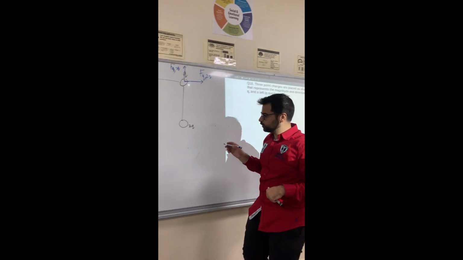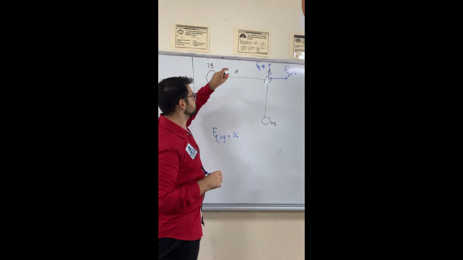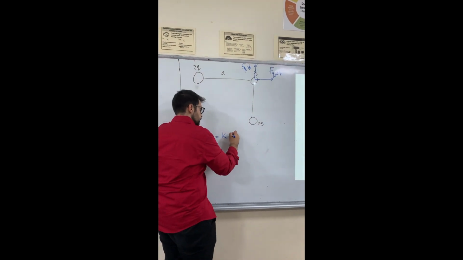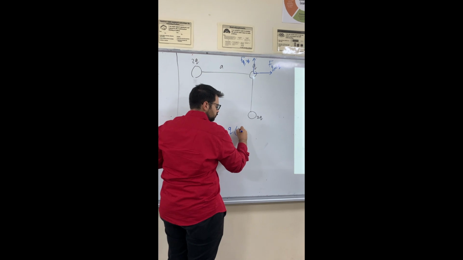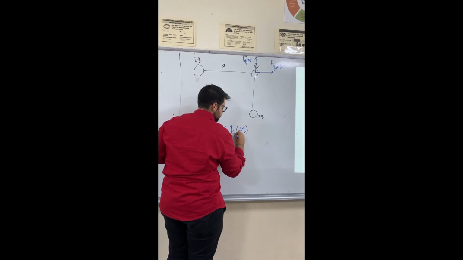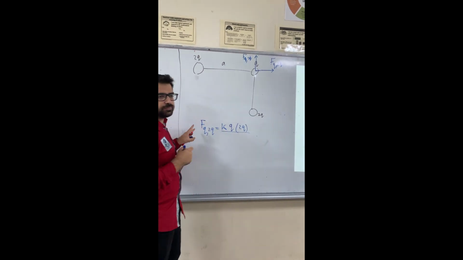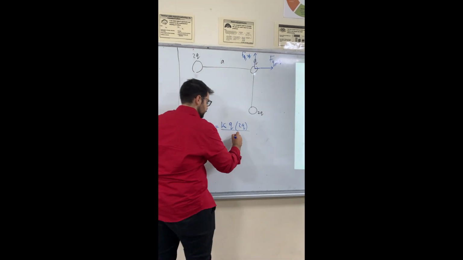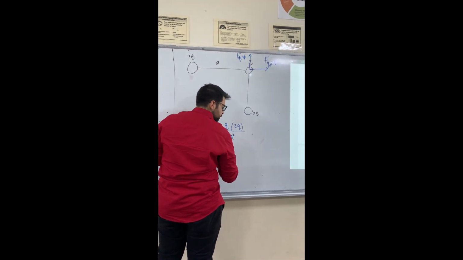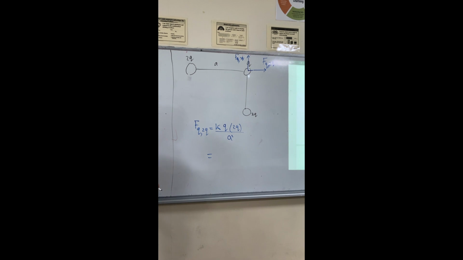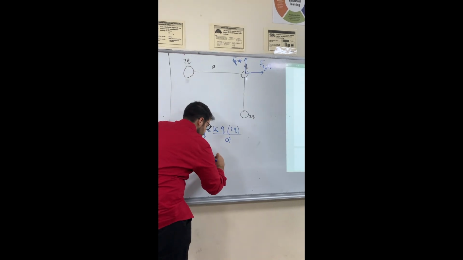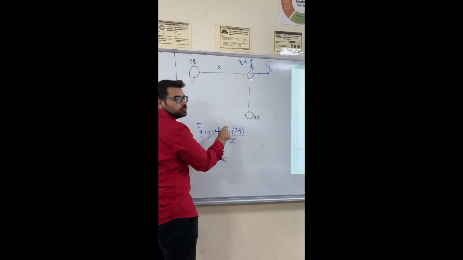So it's equal to K times the first charge, which is Q, times 2Q divided by the distance between them squared. What's the distance between them? A. A squared. Can we simplify this? Yes, it would be 2 times K, Q times Q is equal to what?